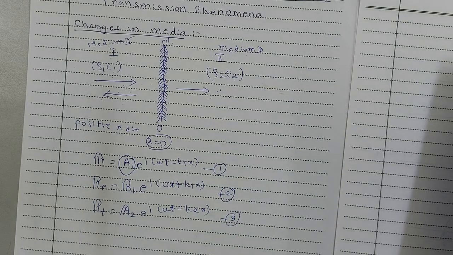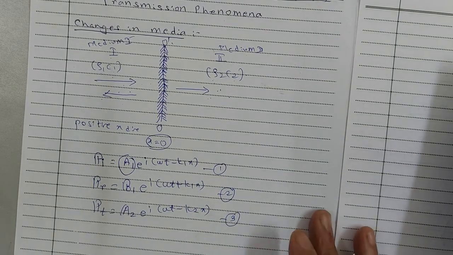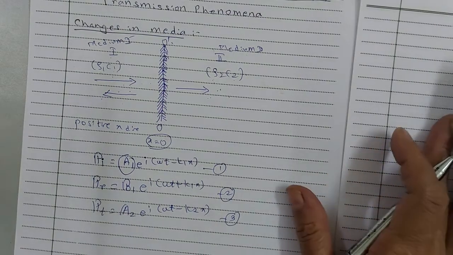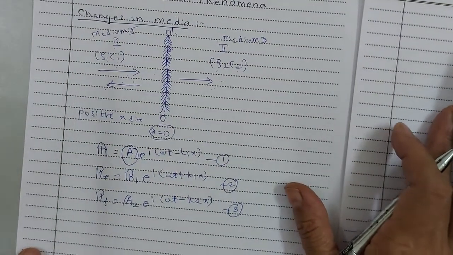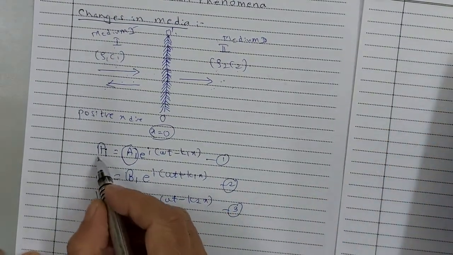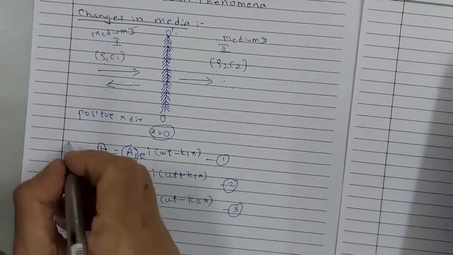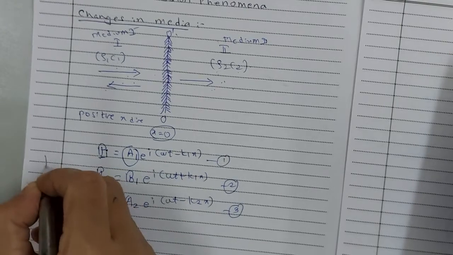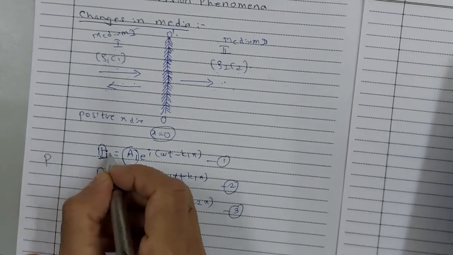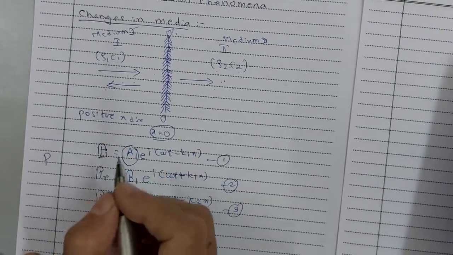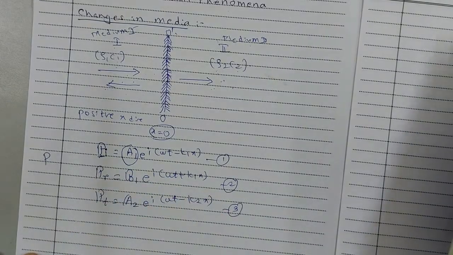Now we need to understand an important part as far as equations number 1, 2 and 3 are concerned. P is the pressure. The reason behind writing pressure in this fashion is that the pressure is complex in nature. What do we mean by complex in nature?